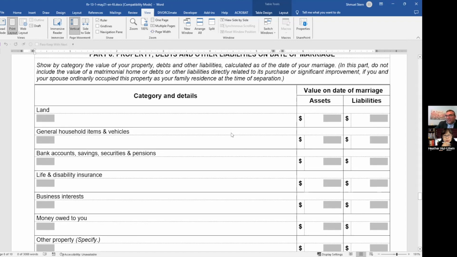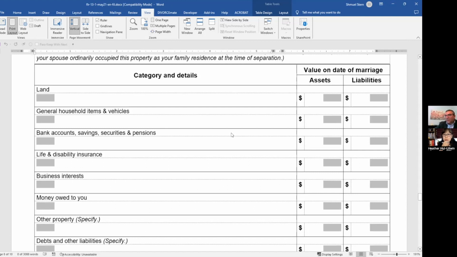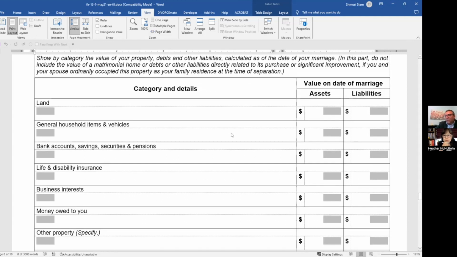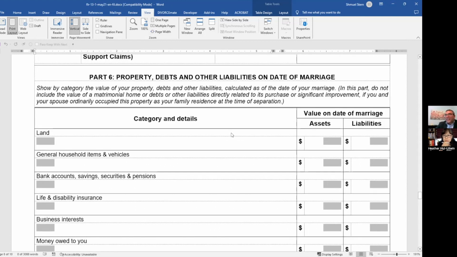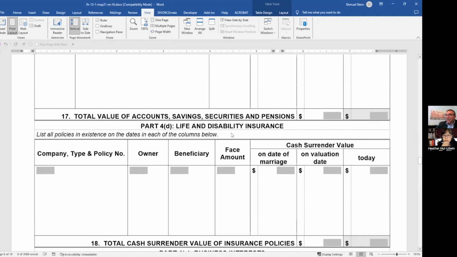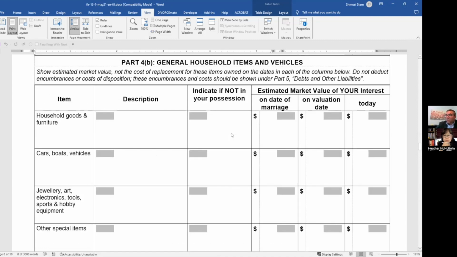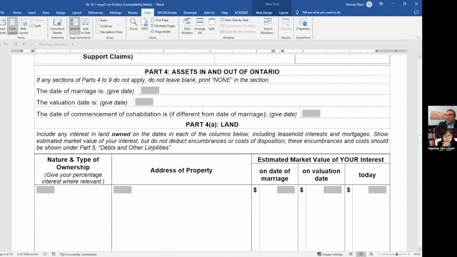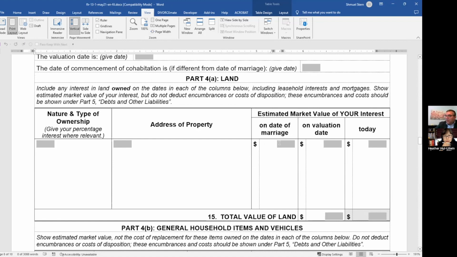And so what I would like you to take away is that on the lawyer's form that we use, this is the form that I found online, right? But the lawyer's form actually calculates this box that we're looking at right now automatically, and it's pulling the information from the upper boxes up here. Okay, so let's just go to the top: date of marriage, valuation date, and we have 3 boxes: date of marriage, valuation date, and today.